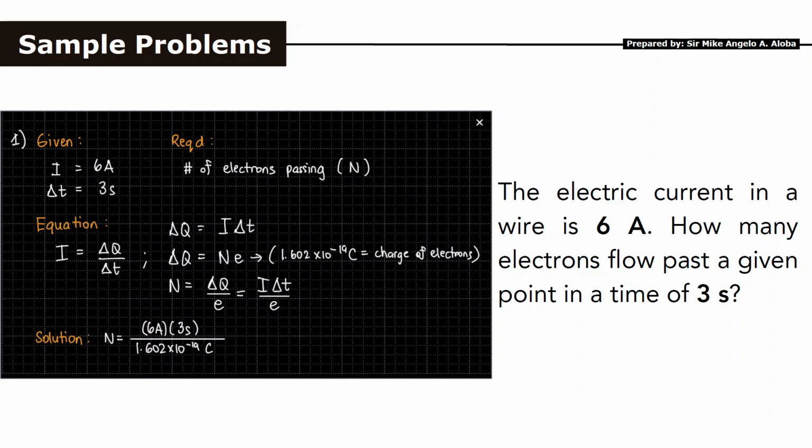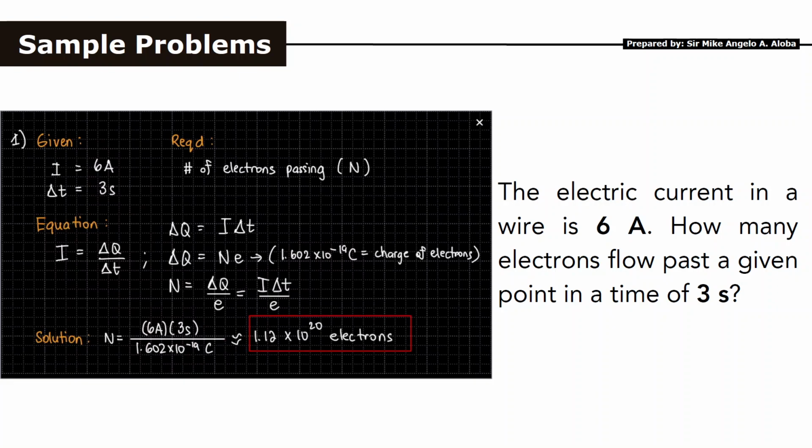From here, you can see that the units will cancel. Remember that the unit ampere second is the same as the unit coulomb. So these two would cancel, and we will only be having electrons as our unit, since that is what we're looking for in this problem.